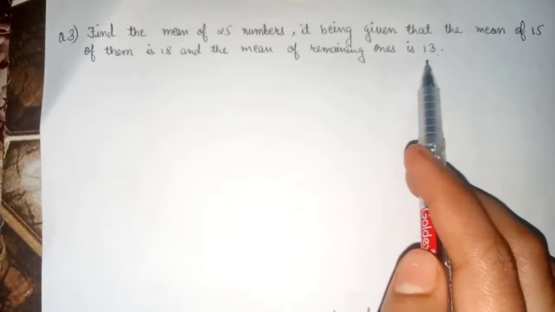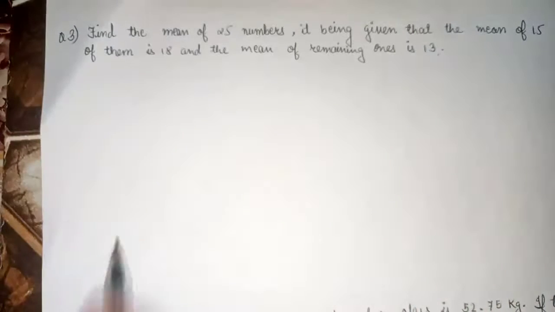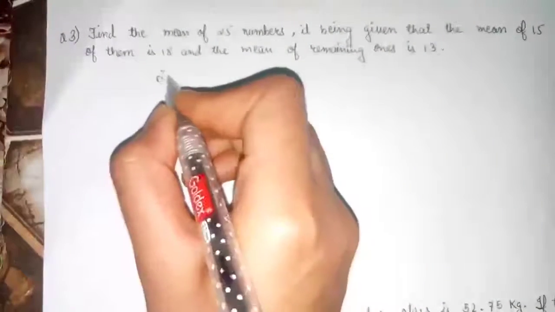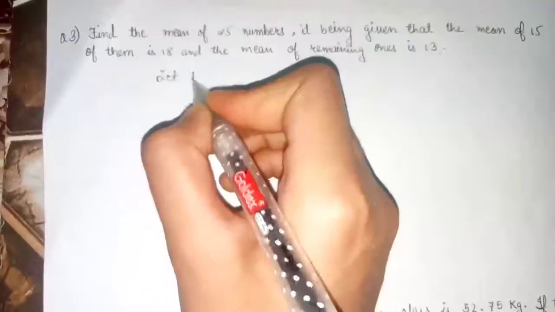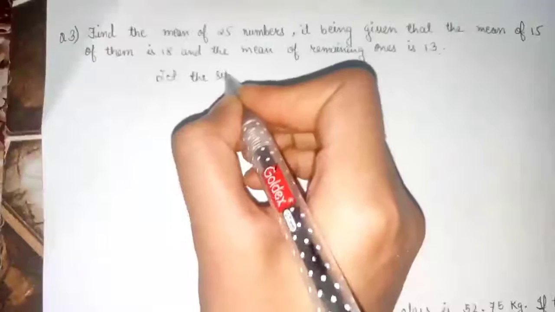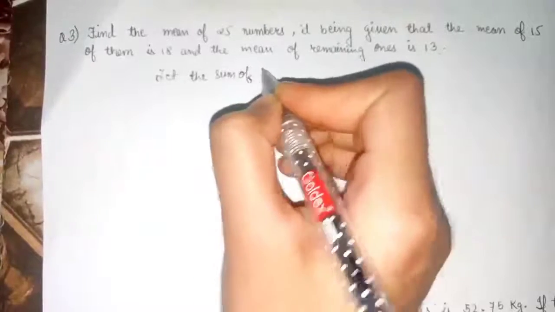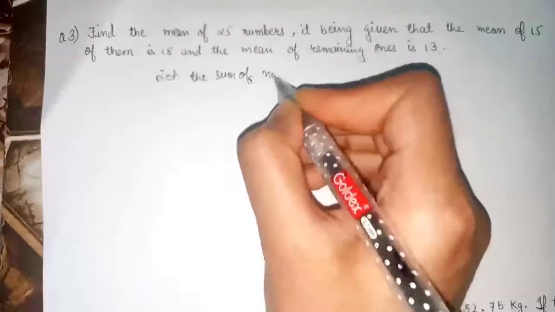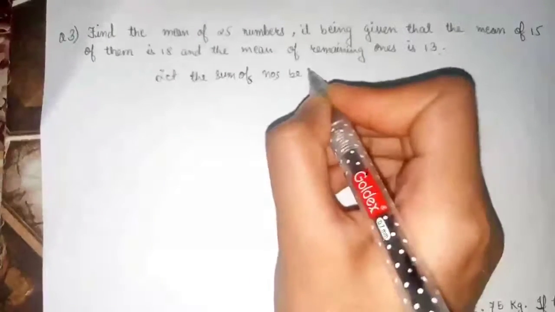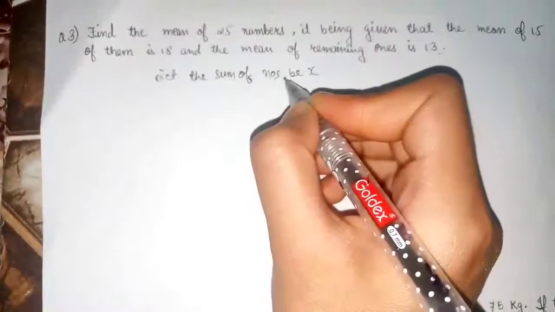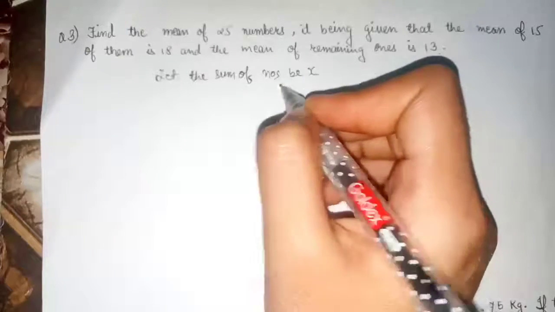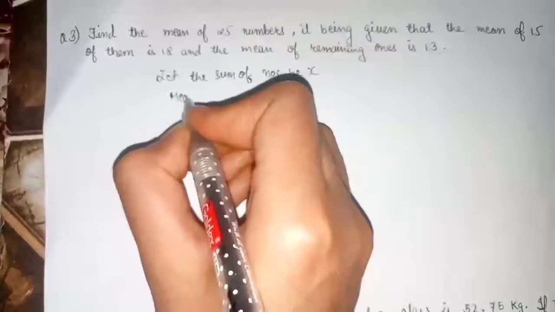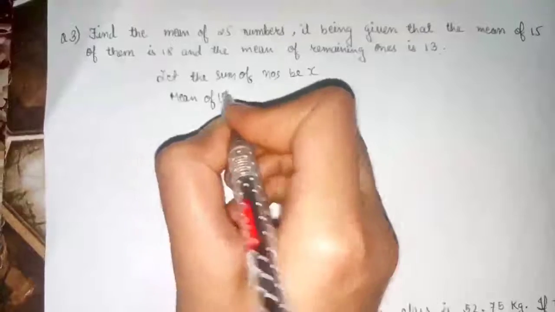Okay, so let's start. First of all, we will say here let the sum of numbers be x. We don't know the numbers, so we write let the sum of numbers be x.